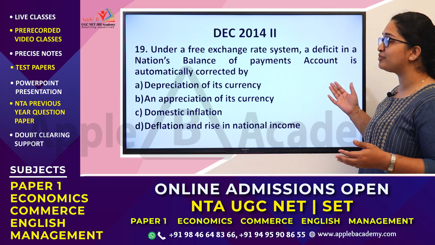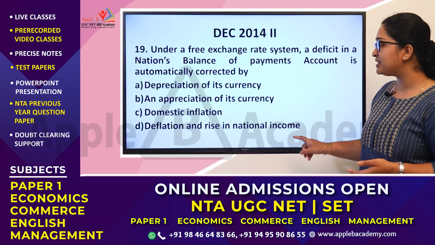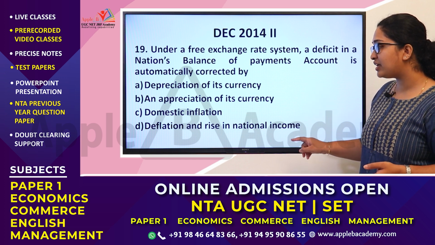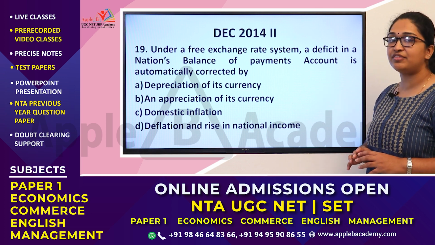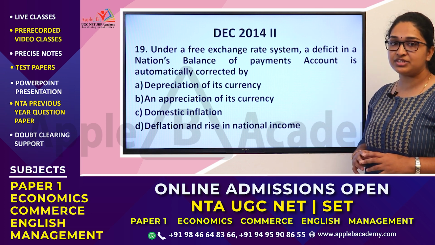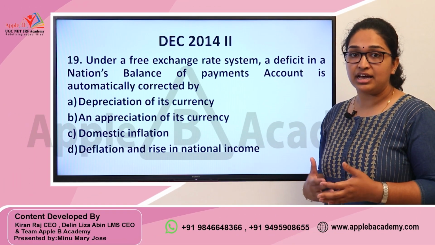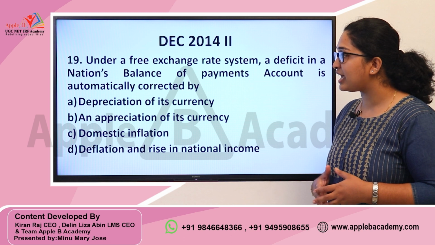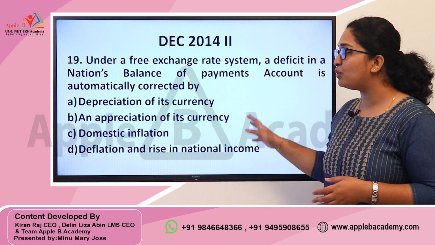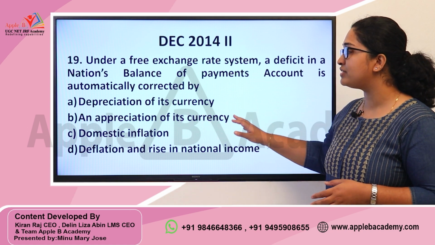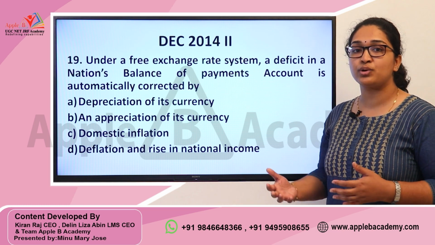So, how is the balance of payments corrected here? The options given are depreciation of its currency, appreciation of its currency, domestic inflation, deflation and rise in national income. So, we have a deficit in our BOP account. Deficit means there will definitely be higher imports than exports. In that case, we have to know that the deficit can be corrected only through depreciation of its currency, that is option A. So, what is depreciation?